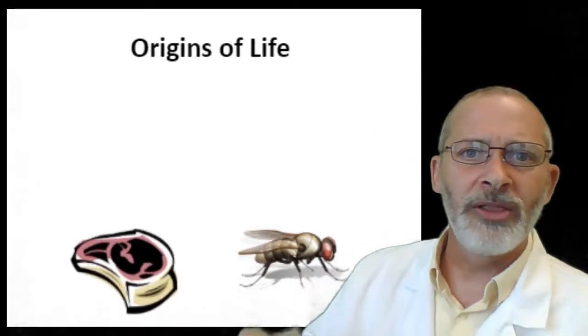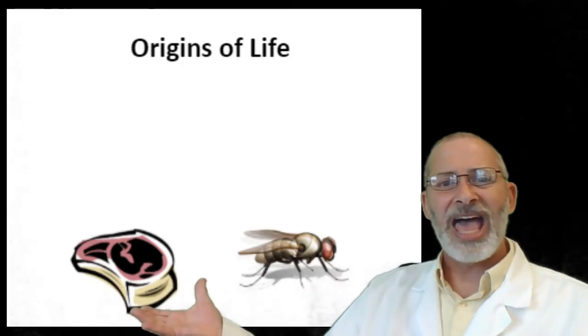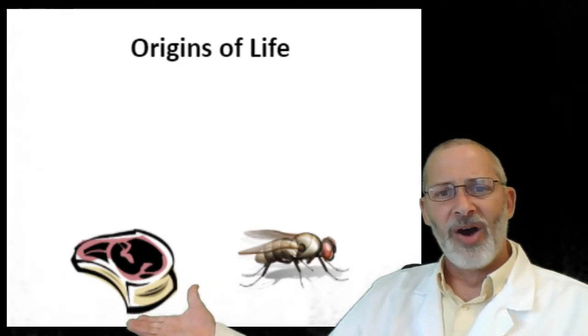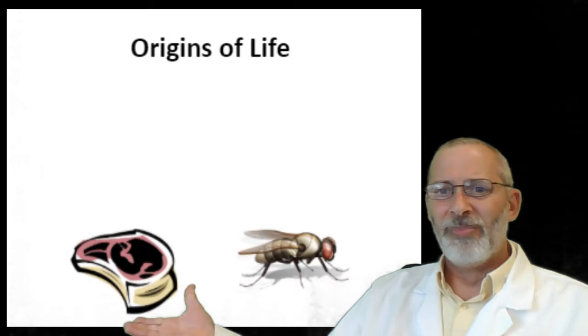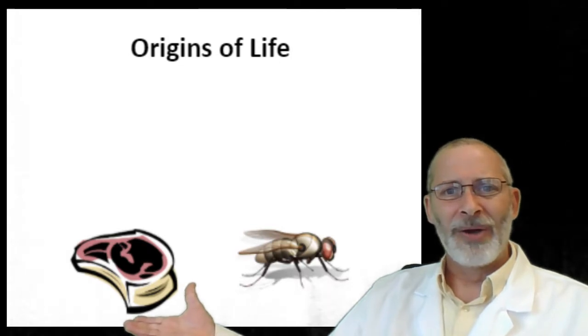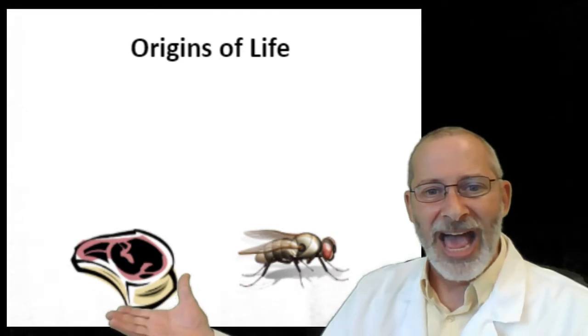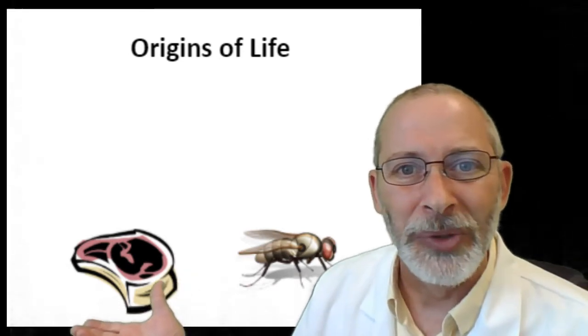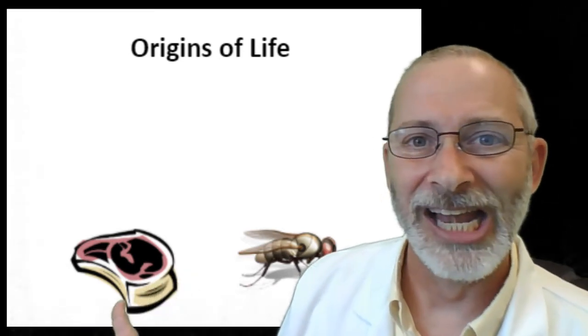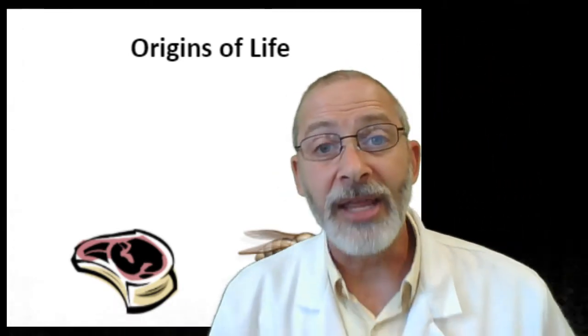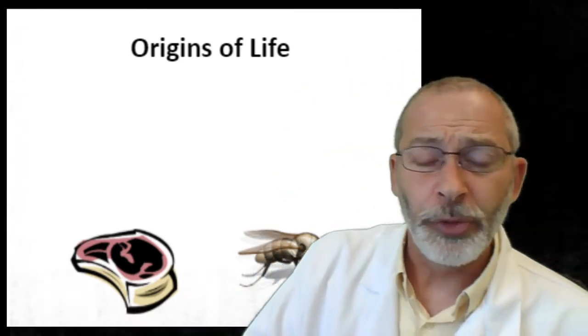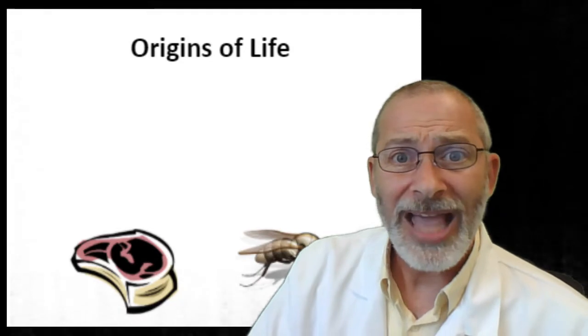We know that today. So our little fly friend here, we know where you came from. But people didn't always know that, believe it or not. I'm introducing another little picture here, a nice slab of meat. Oh, a nice steak. I wouldn't mind going home today and grilling up a big slab of steak on the grill. I love a good piece of meat. But if I didn't eat that piece of meat and we threw it out instead, that would be terrible.